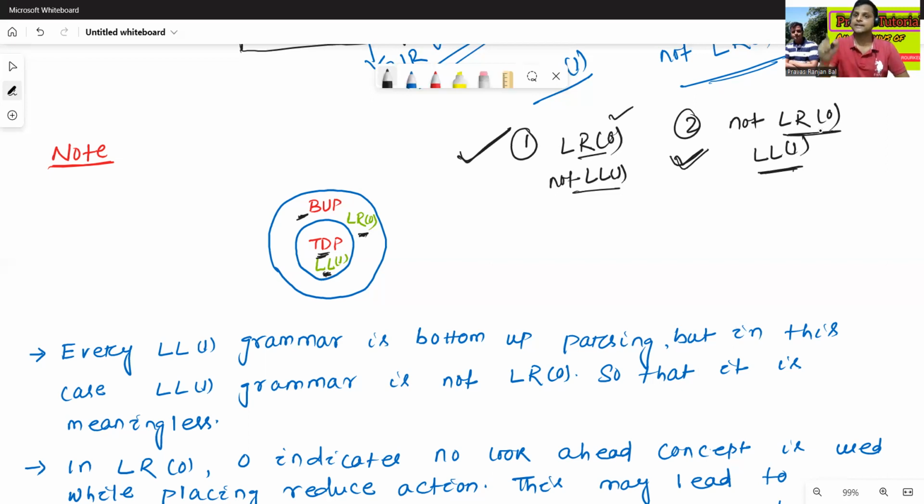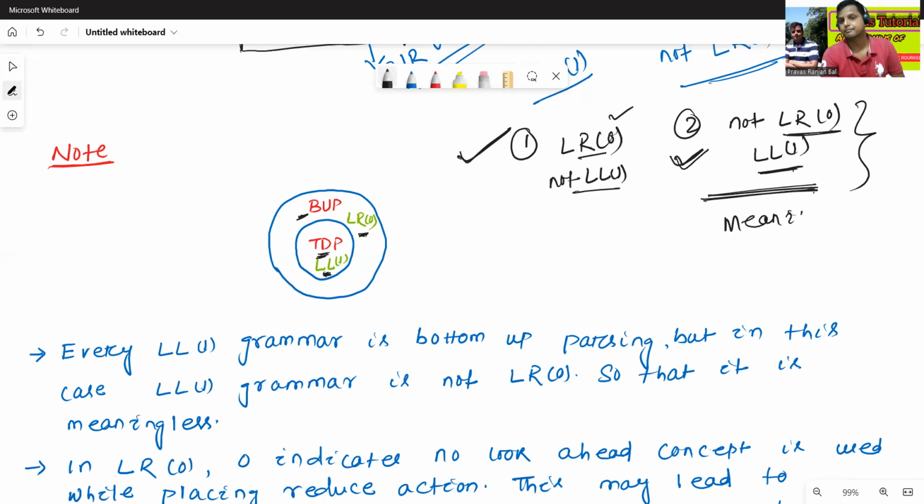Means if a grammar is LL1, it must be LR0. But in the second case, it contradicts. Since it contradicts, it is meaningless.